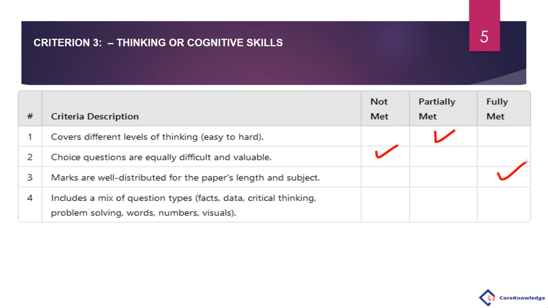On the other side as well, there should be a provision where the assessment includes a mix of question types in terms of facts, data, critical thinking, problem solving, words, numbers, and visuals. In most cases, we have assessments where they concentrate only on text. There is no number expression. There are no facts.